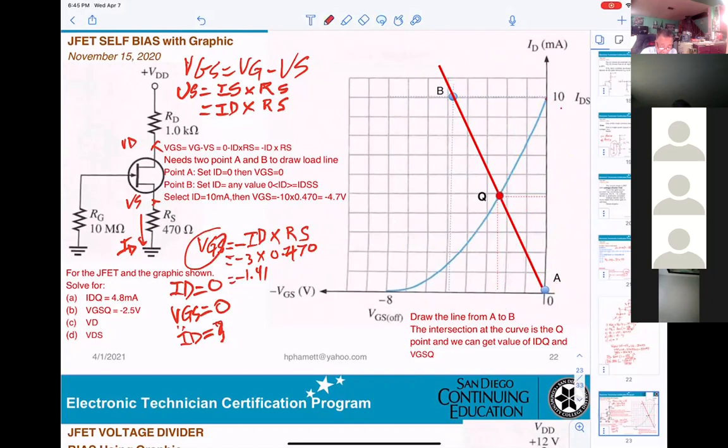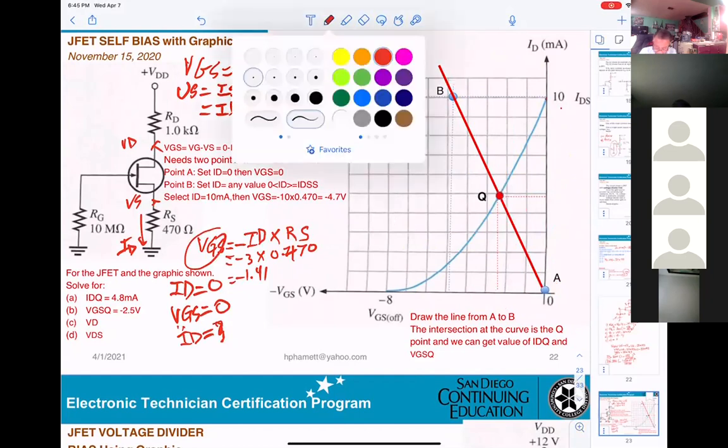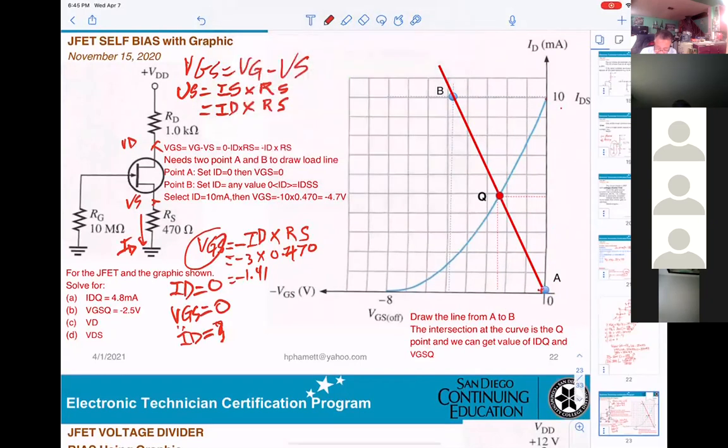Okay, the first one, you pick 1 point, right? I pick a point right here. That means I pick ID equal 0. This is the first point. ID equal 0, and from this equation here, you know VGS equals 0.